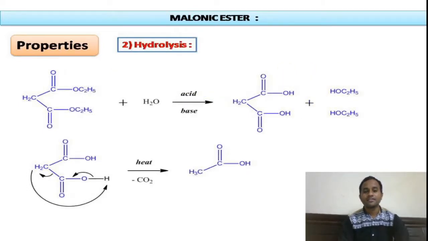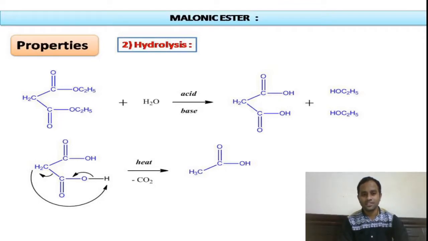And similar to the active methylene compound acetoacetic ester, our malonic ester will also undergo hydrolysis reaction. You can see in the slide, when the malonic ester is subjected to acid, it will undergo hydrolysis to give the carboxylic acid as the main product.